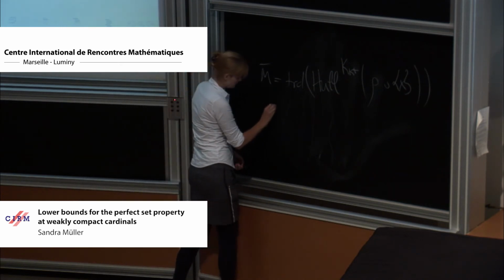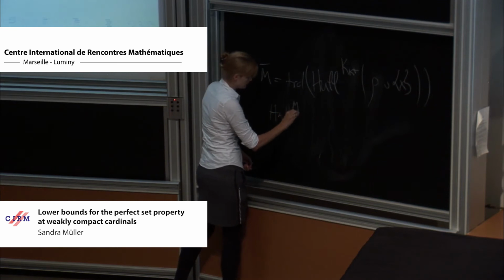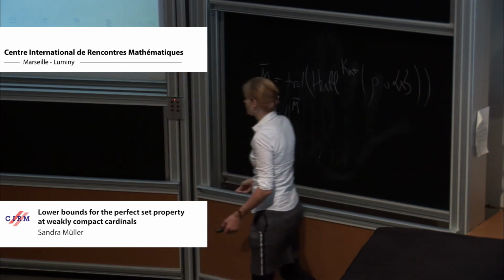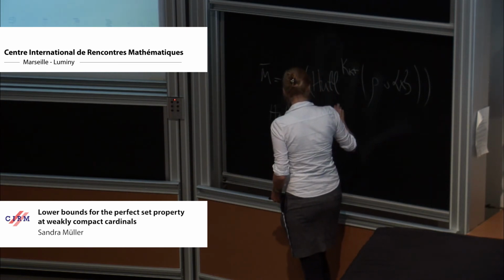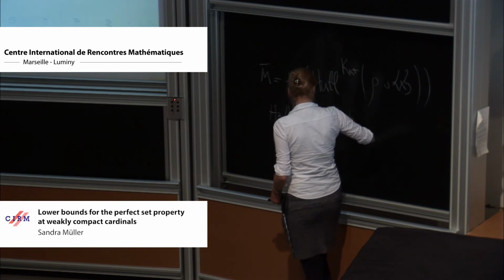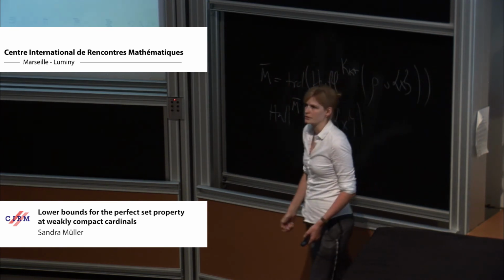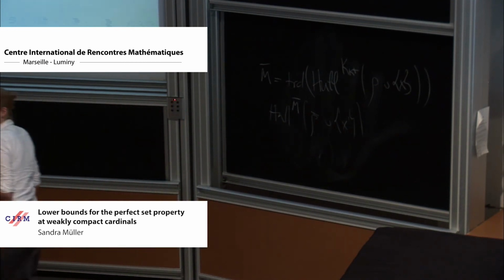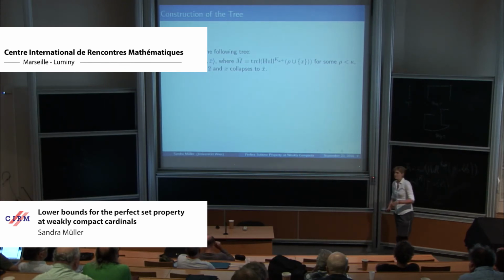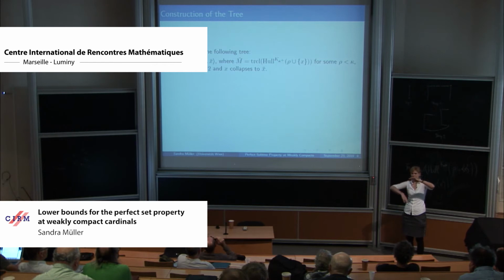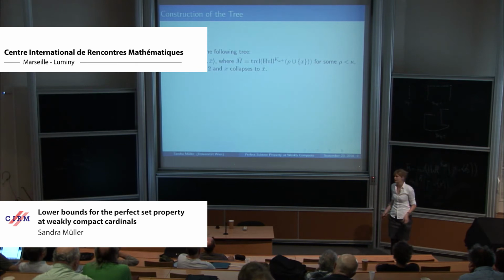We can now look at the hull in M bar of, again, some rho bar and some, let's say, X prime. Taking hulls is a very iterative process. When we take the hull in this big model K, but if we have some intermediate models M1 and M2, then taking the hull in K and collapsing it down to M0 is the same as taking the hull in M1 and collapsing it down to M0.